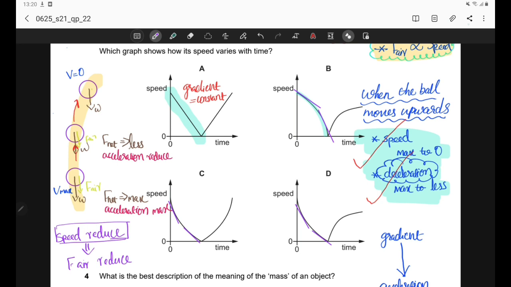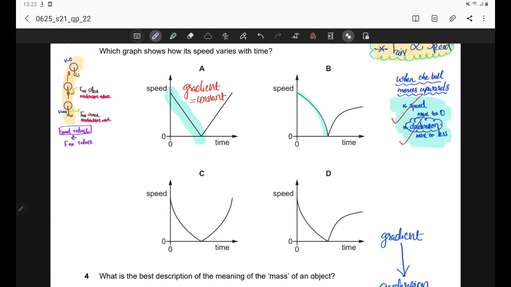Now we can see what will happen to the graph when the ball falls downwards from maximum height to the ground. We have already seen that when the ball reaches the maximum height, it stops completely, then it will start to fall down and reach the ground with a maximum speed. So looking at the speed, initially the speed will be 0, then the speed will gradually increase because it's moving in the same direction as the force due to gravity.